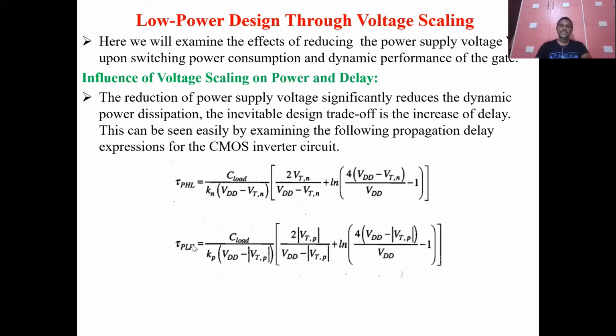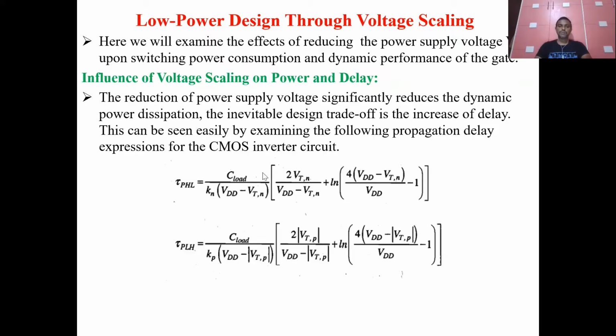For both cases we have the equation of the propagation delay. tau PHL, the propagation delay when the inverter switches from logic 1 to logic 0, is C load by Kn VDD minus VTn, multiplied by 2 VTn by VDD minus VTn plus ln of 4 VDD minus VTn by VDD minus 1.